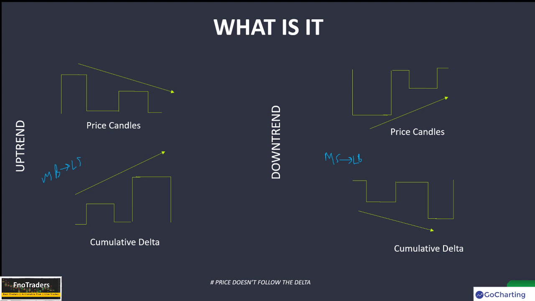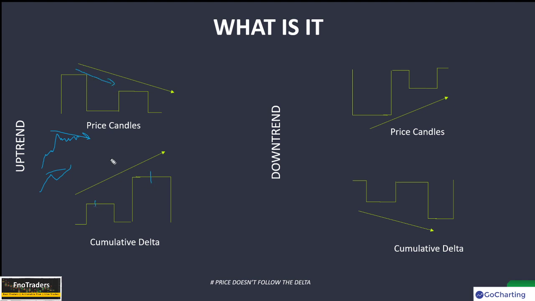Okay, so let's see how it shows up. So first would be in an uptrend. So let's say price is generally going in an uptrend here. It makes a new high and then it pauses or makes a lower high. So price is not making a new high, but let's say your delta continues to make a new high.